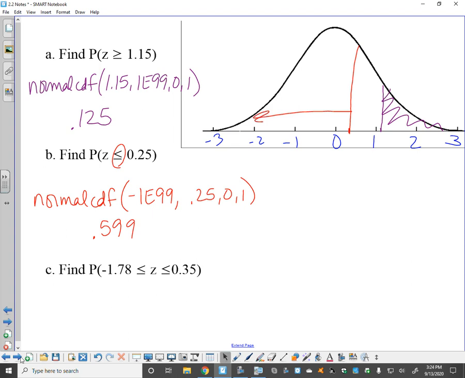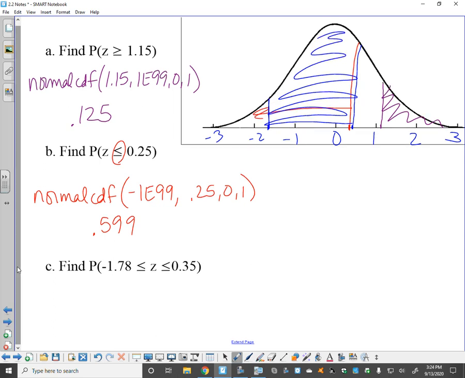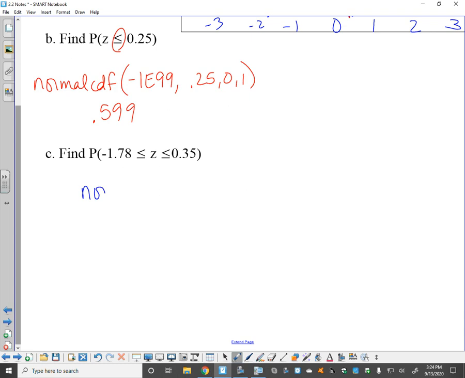And then the last one, I'm going from a negative 1.78, so that's going to be about there, to a 0.35, which, I don't know, going to be about there, and I want all of that. So I'm going to normal CDF from a negative 1.78 to a 0.35 with a 0 and a 1.